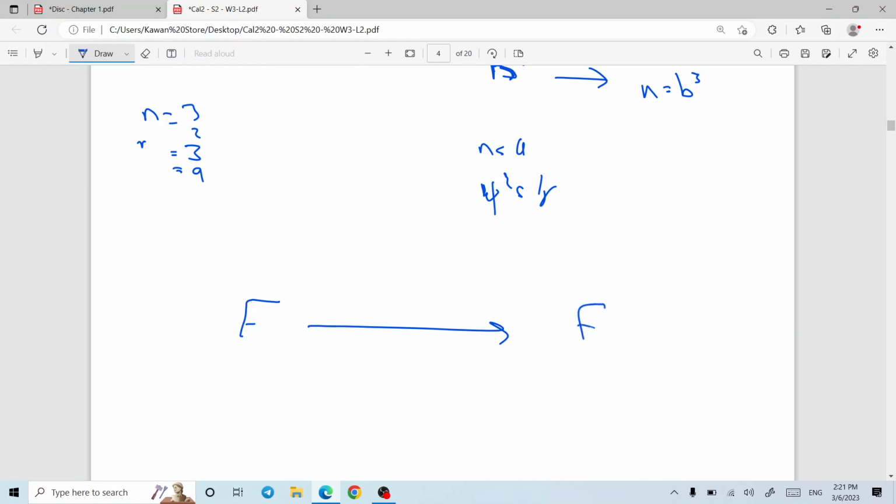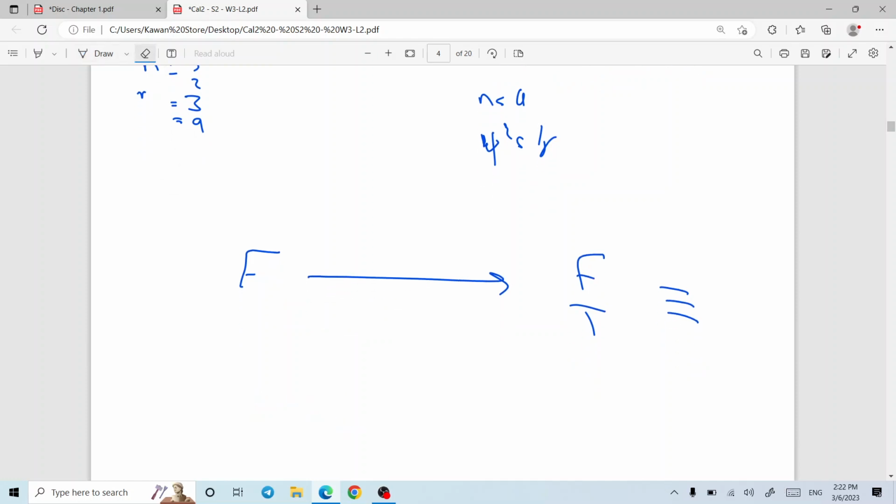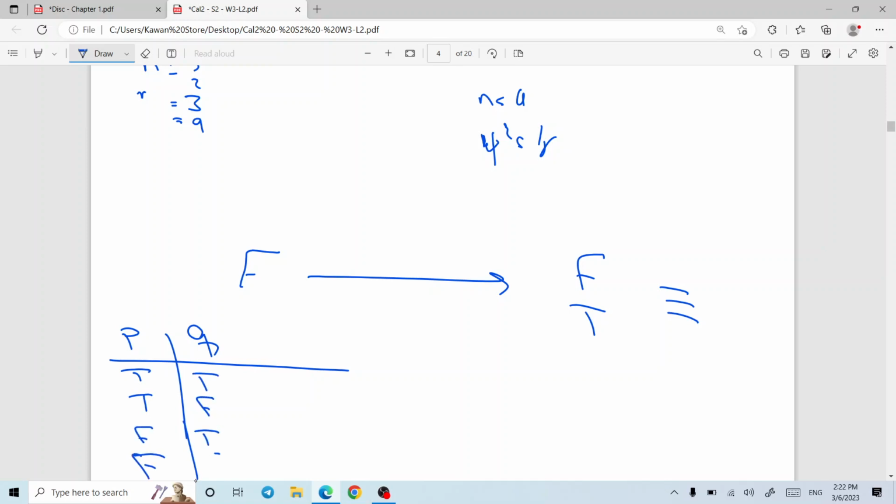Even if the other side is false or true, the result will be what? P implies Q. Let me do it for you, because actually even you don't know how to understand the truth table, unfortunately. Yalla. If I have P and Q, I have true true, true false, false true, false false.